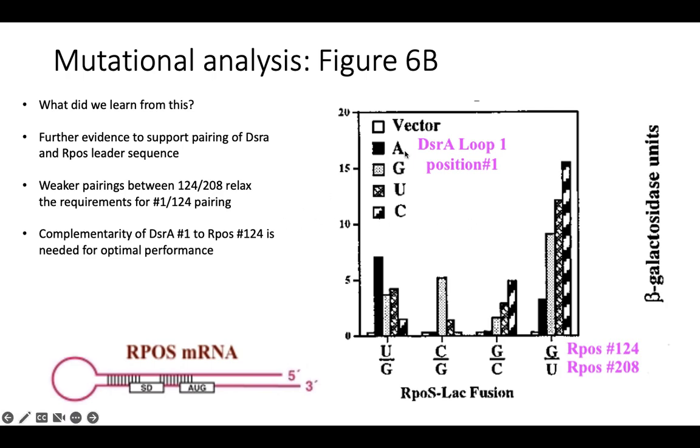Each of these letters corresponds to what we've shifted loop 1 position 1 to be in our DsrA RNA. Down here on the bottom, these correspond to our rpoS mRNA leader sequence. See how it bonds to itself. So all we've done is look at these different rpoS mutants, and then look at how different bases of DsrA interacted with those.